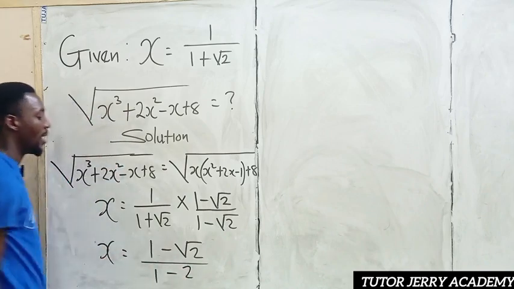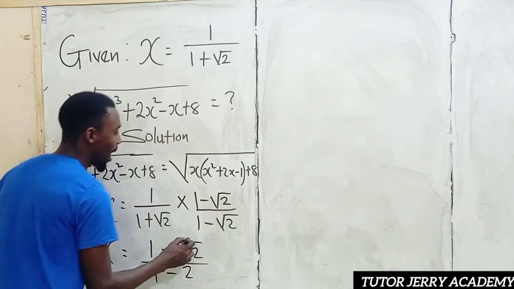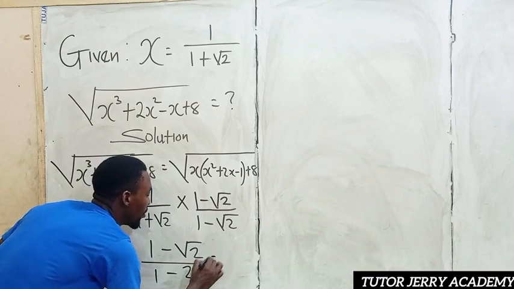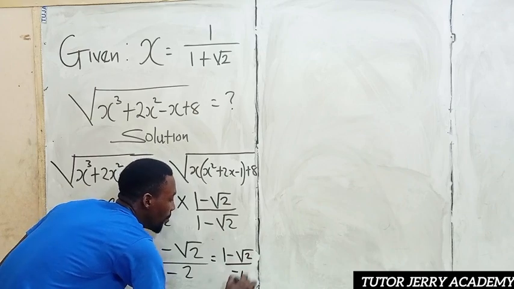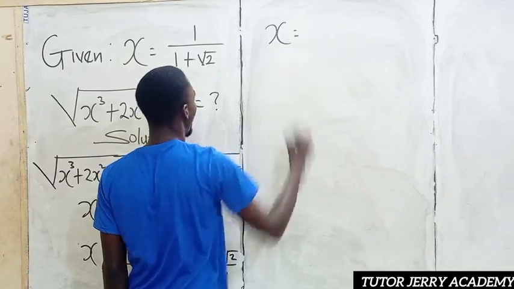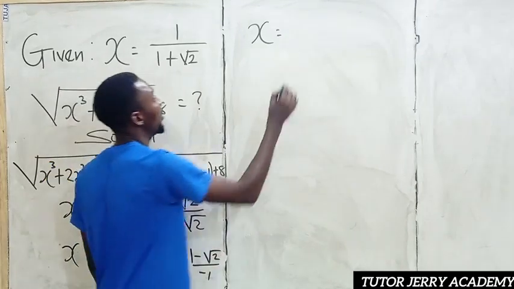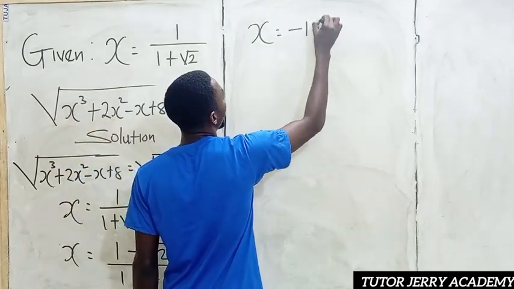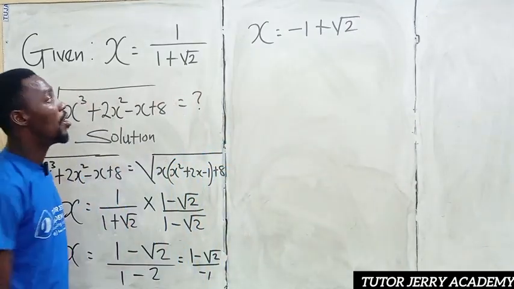And 1 minus 2 is minus 1. So what we have here is 1 minus root 2 all over minus 1. We can therefore say our x is equal to, this minus 1 will multiply everything that we have here, so it's going to be minus 1 plus root 2. That is the value of x.